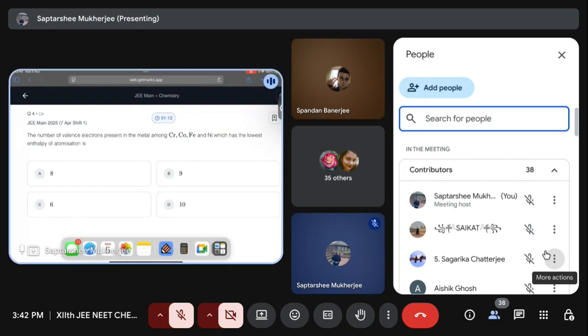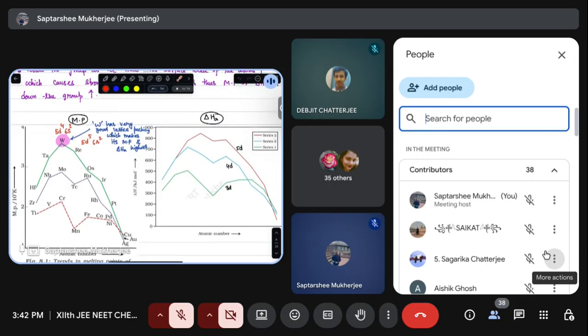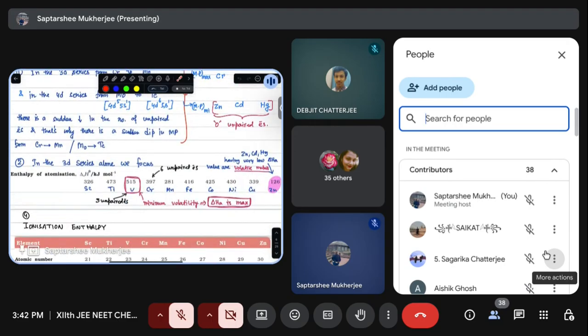So what is the graph saying? If I look at the graph, it is first increasing. Titanium, vanadium, chromium. Somewhere here it will come, and in terms of atomization enthalpy, vanadium will have the highest value. It is clearly given in such a way that if you do not revise this thing, you will not be able to answer this question.